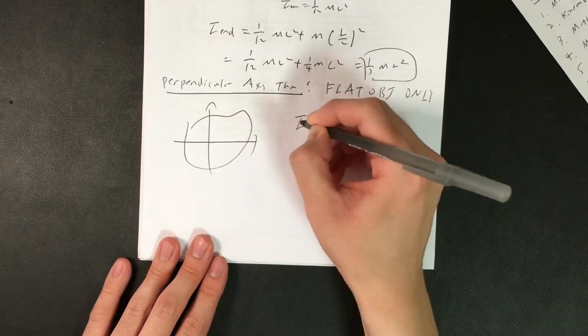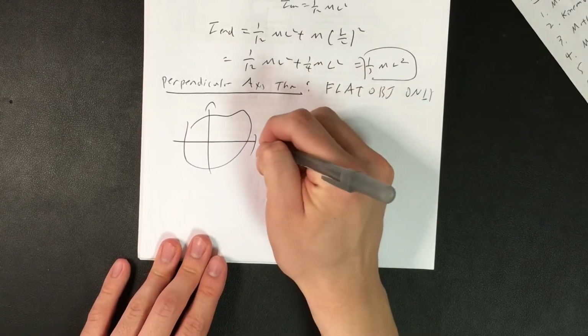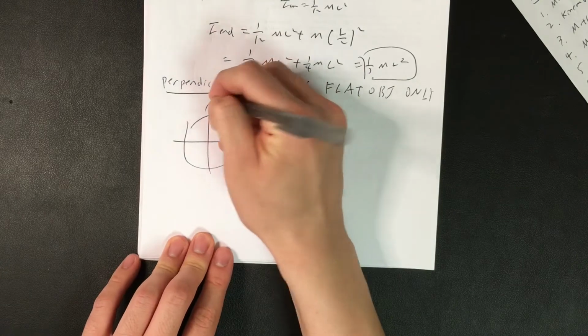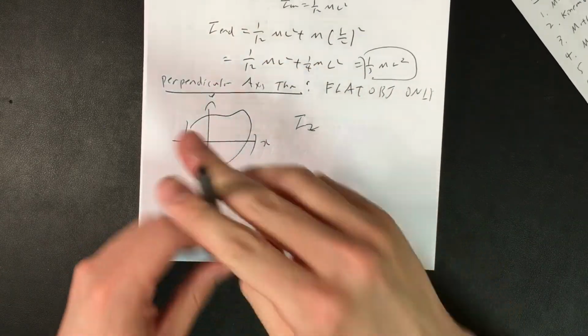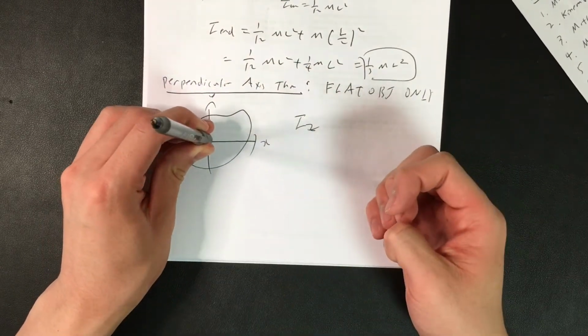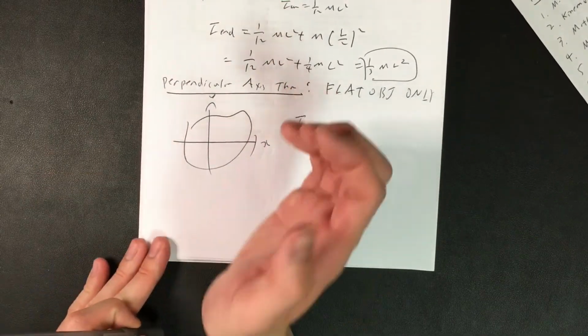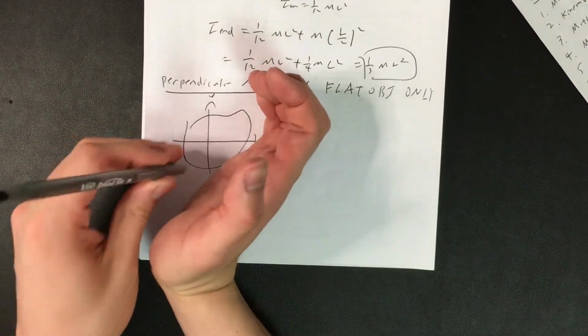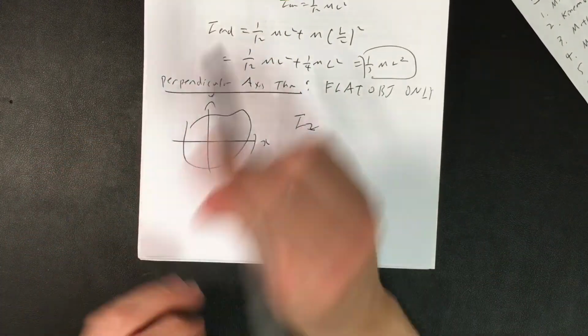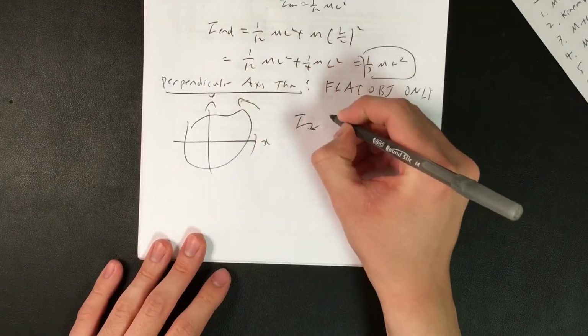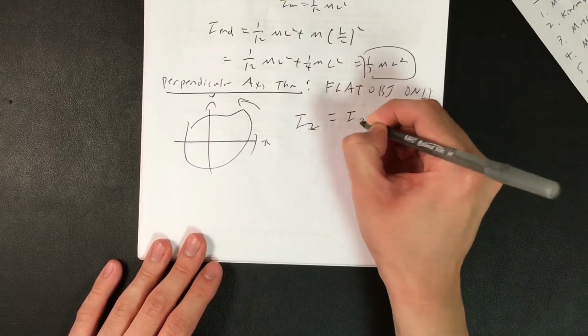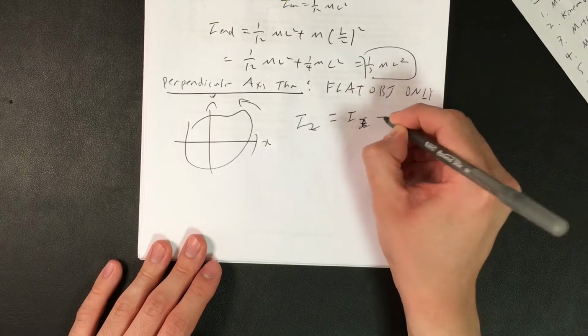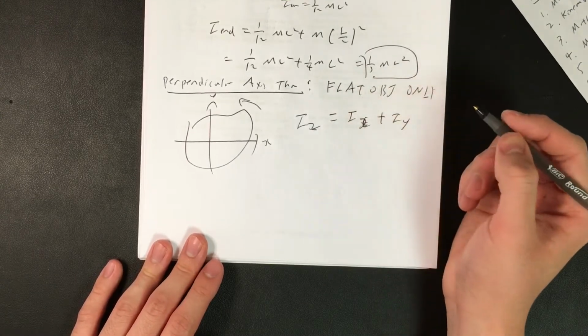Then the inertia along the z-axis, what I mean is if this axis is x and if this axis is y and z-axis is pointing out of the page like this, the inertia of this object of rotating along the z-axis, which means rotating along that way, is equal to inertia along the x direction plus inertia along the y direction.